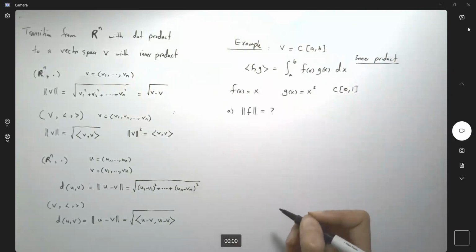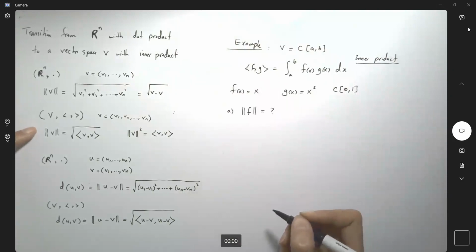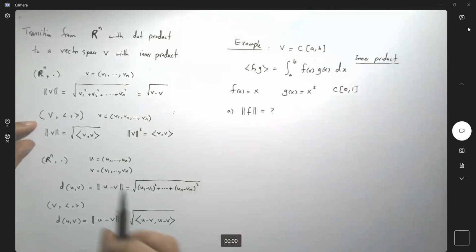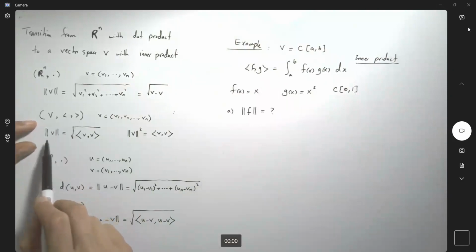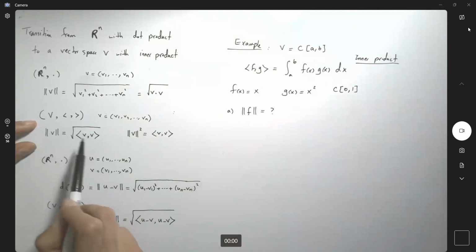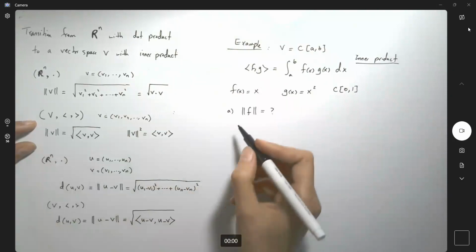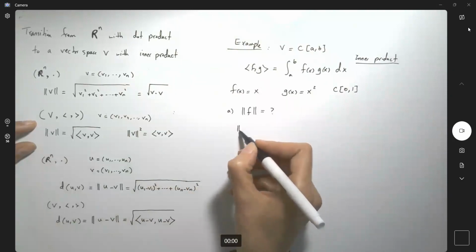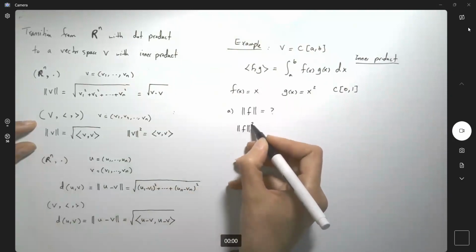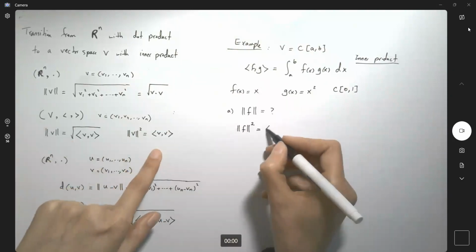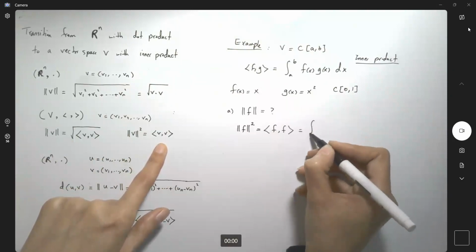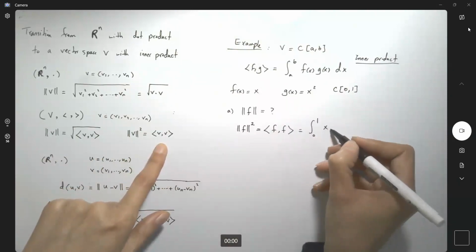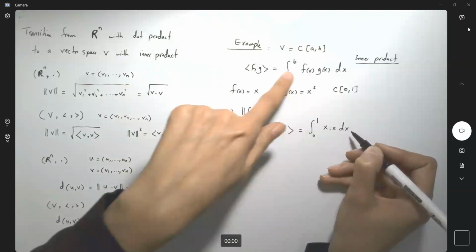What is this? Remember that for any vector space that has an inner product, the definition of the magnitude or length is related to the inner product. So basically, I can say that the magnitude to the second is equal to the inner product between f and f, which is the integral from 0 to 1 of x times x dx.